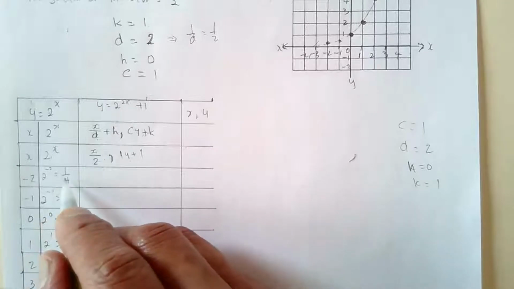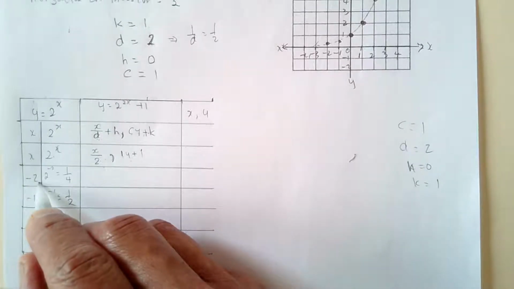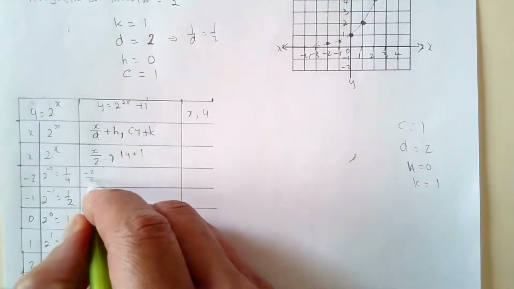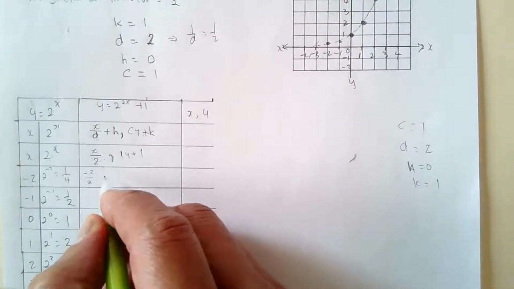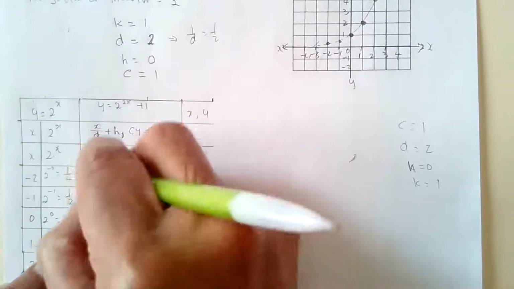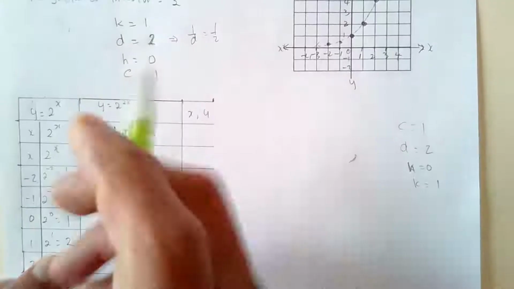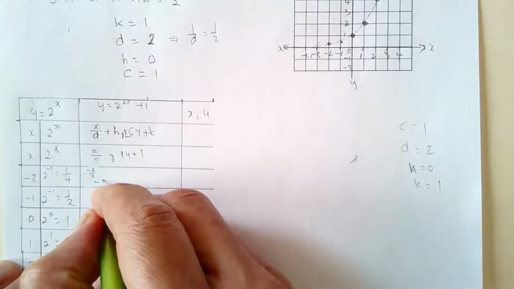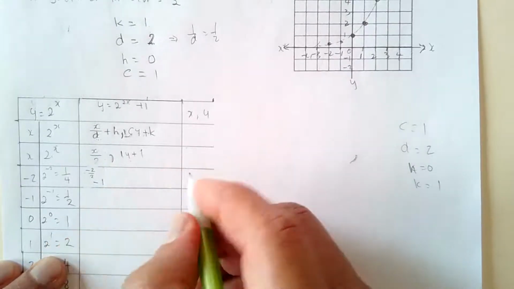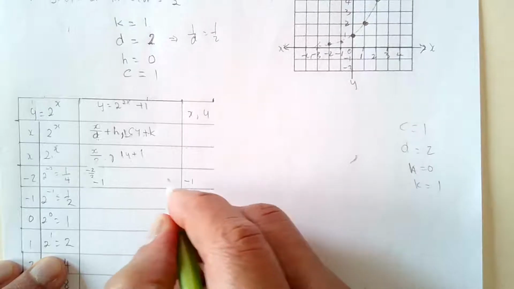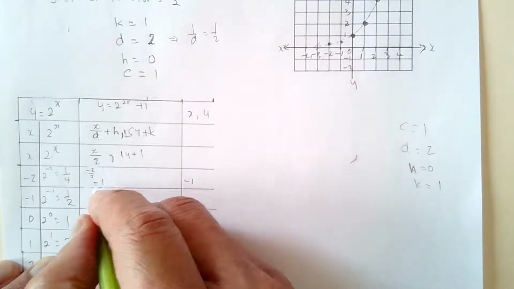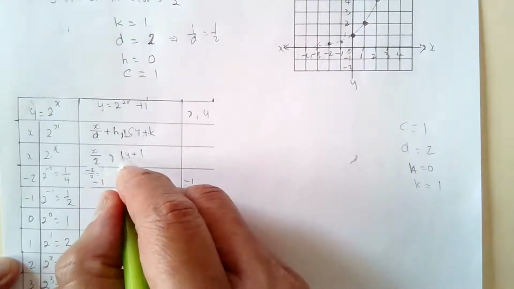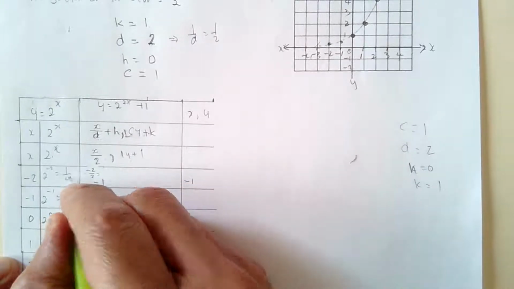We take the value given for x, in this case negative 2. So negative 2 over 2, which gives me, I'll write it over here, negative 2 over 2, which is negative 1. So one negative 1 here. And my y value would be 1 times y. The y is a quarter.